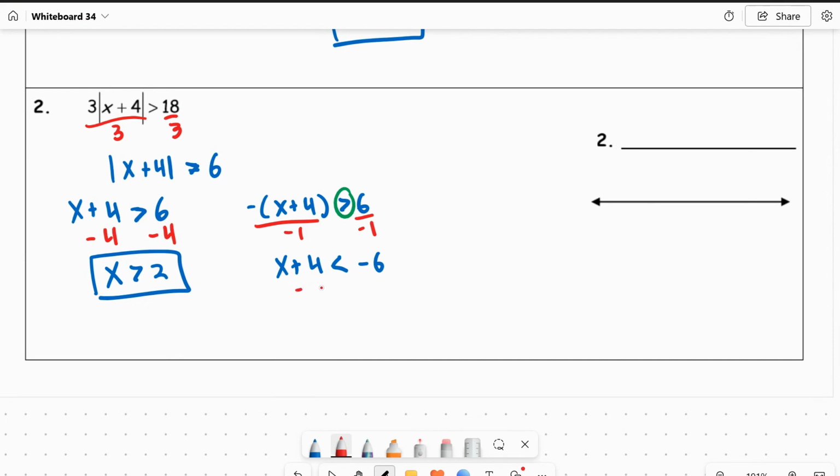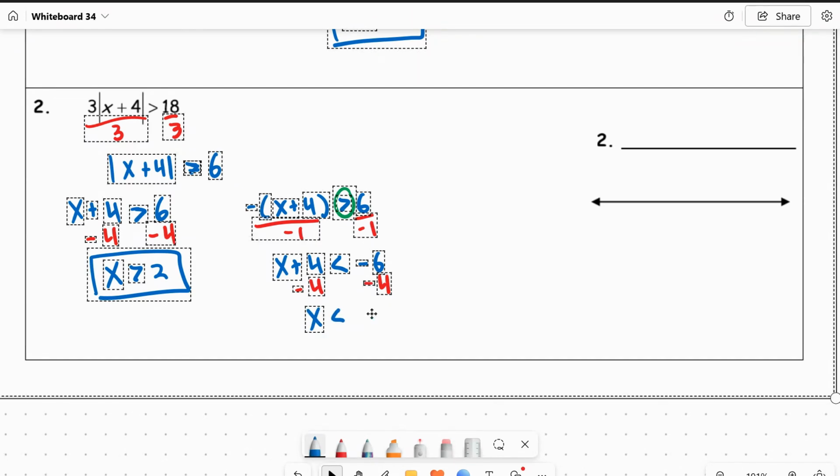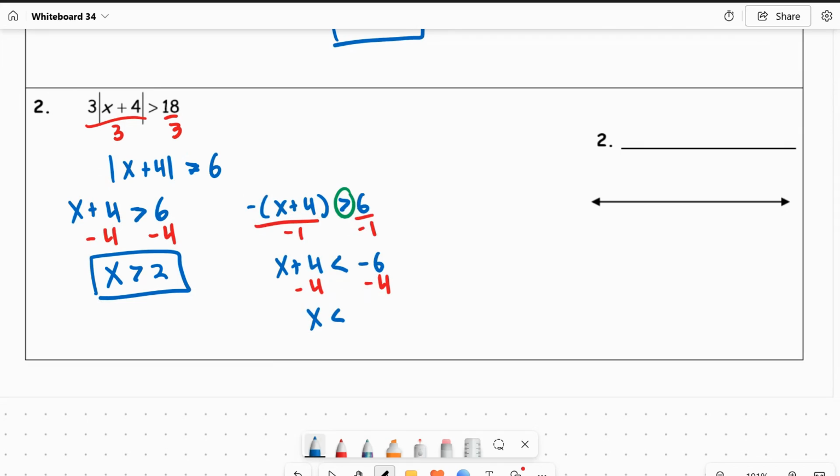Now I'll do the same as with the other side. Subtract 4 from both sides. And that's going to give me x is less than negative 10.